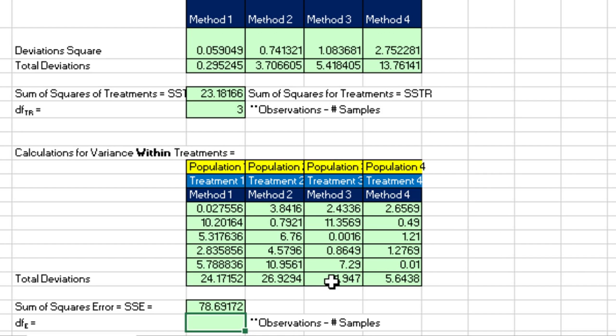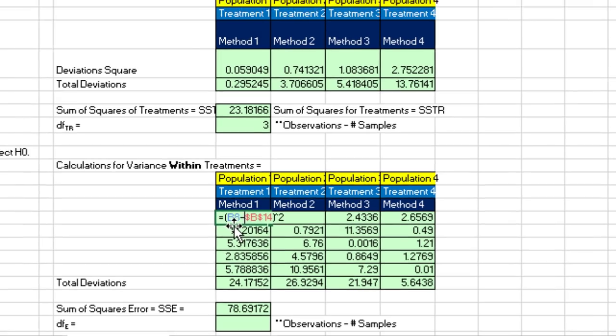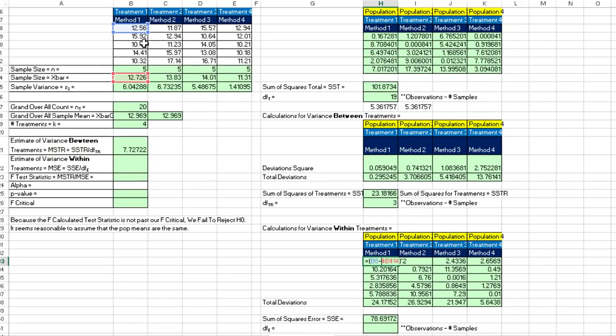Now I need to calculate the degrees of freedom, and we have to think, how many individual values did we have? Notice for the first method, we had 1, 2, 3, 4, 5. We had 1, 2, 3, 4, 5. So there's total 20 individual values. And how many samples did we have? Well, if we look right here, we had 1.